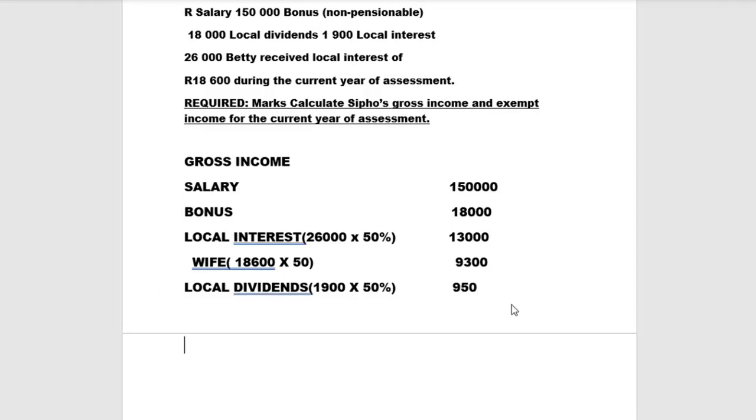So the total income will be 150,000 plus 18,000 plus 13,000 plus 9,300 plus 950. So total income will be 191,250.